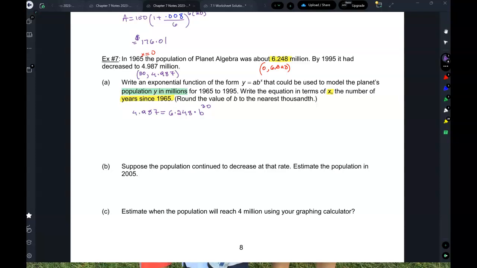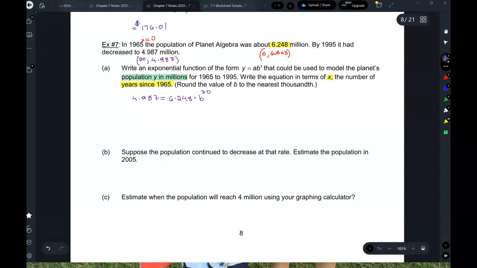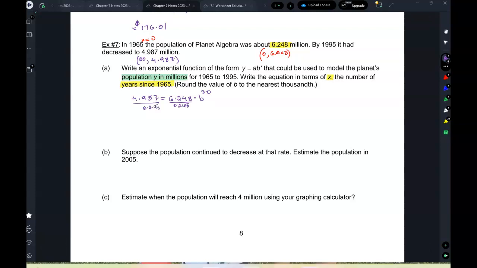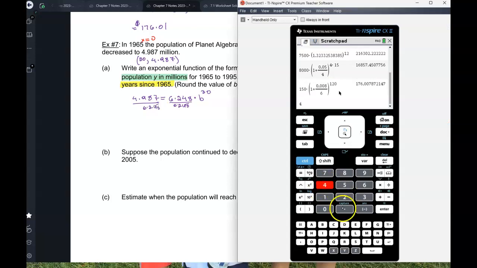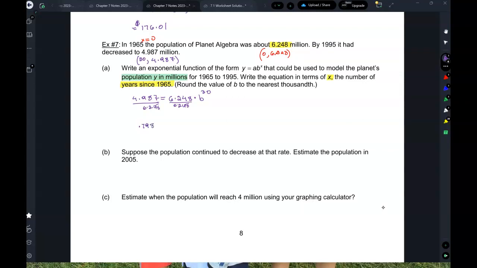So we divide. 4.987 divided by 6.248. You see how I got this crazy irrational number. I'm going to put some placeholders here: 0.7982, let's say, equals B to the power of 30.